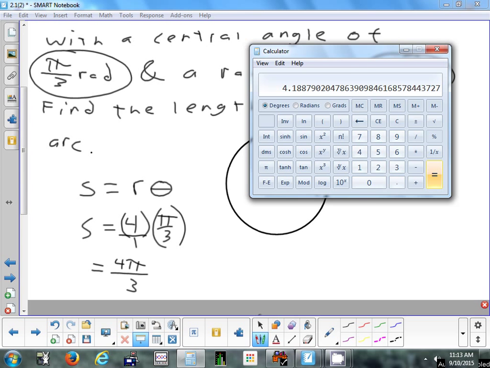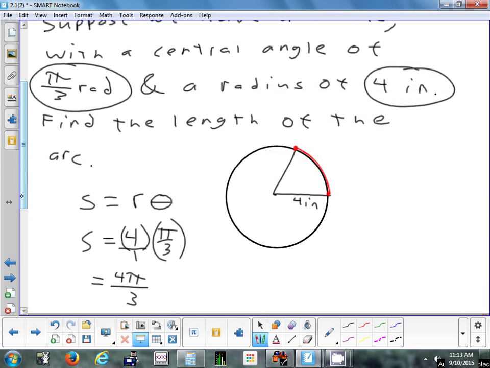Now, what do you think my label should be on that? I just found the length of an arc. Yeah, John? Inches. Okay. Anytime you find the length of an arc or the radius, that's in inches, feet, whatever the units in the problem are.